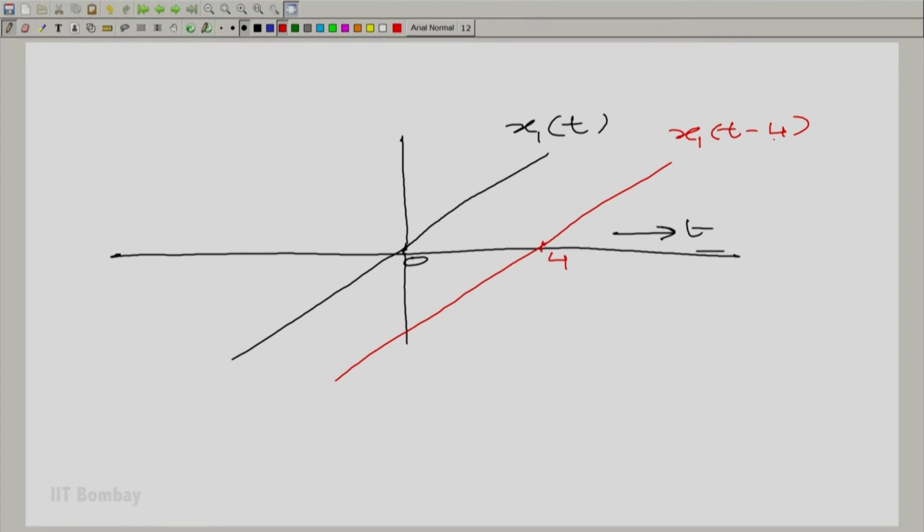Now what would this system do? This system would essentially take whatever is here, either in x1 of t for the first output or in x2 of t for the second output, and then make a nonlinear transformation on it. And what you need to verify now is that what Siddhant did algebraically is this, done graphically.